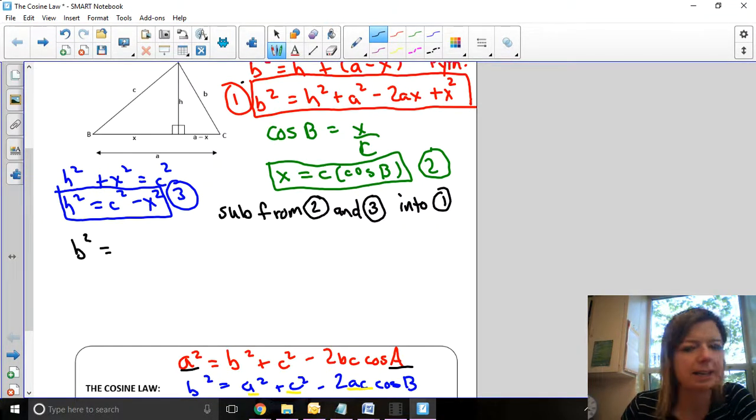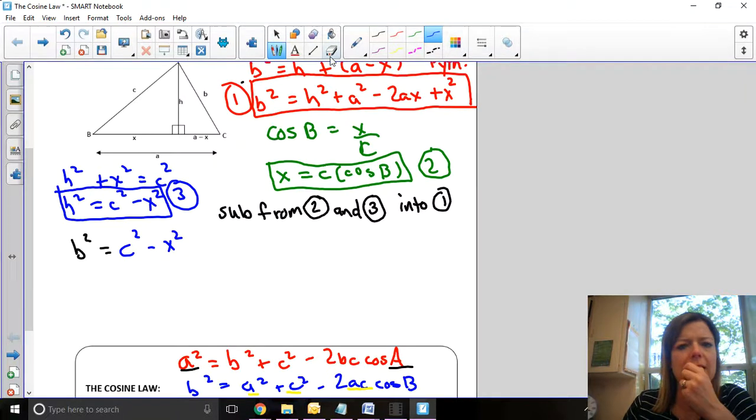Now notice, instead of this h squared, I'm going to put the blue equation in instead. So instead of writing h squared, I'm going to write c squared minus x squared in for h. So that's from the blue formula. So c squared minus x squared.